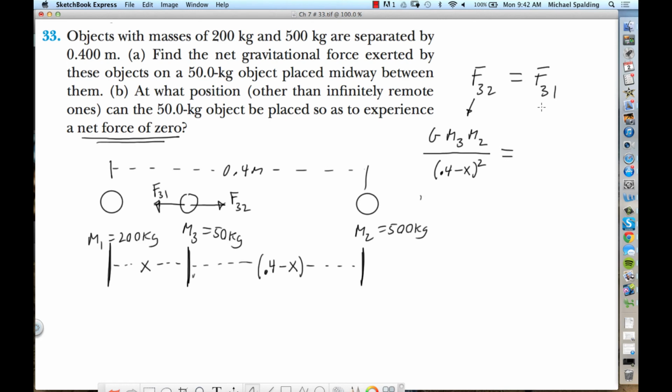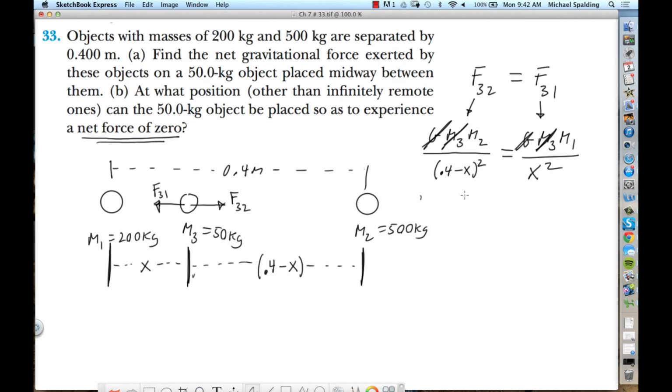Okay, so this is going to equal, now what's F31 going to be? That's going to be G M3 M1. What's the distance between 3 and 1? X, but square it. Okay, so at this point, what cancels out? The G's cancel, and M3 cancels.